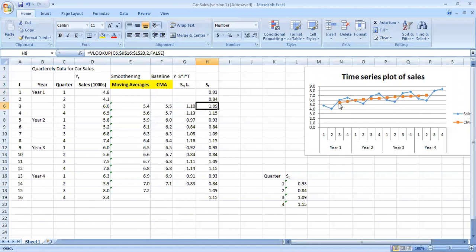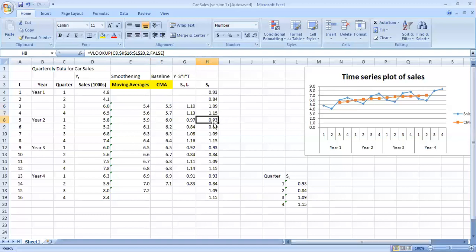So what this means is that when compared with the baseline, the seasonality is 9% above the baseline. When you look at year 1, quarter 4, the seasonality is 15% above the baseline. Baseline is the centered moving averages.